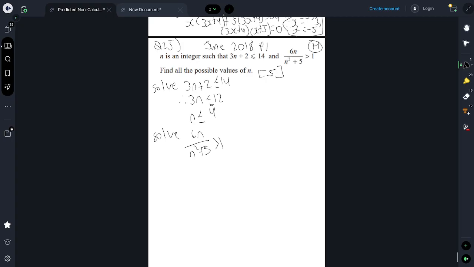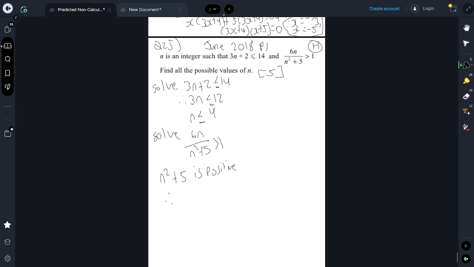So what we need to do is essentially check that n squared plus 5 is positive or negative. But actually, look, n squared has to be positive, because it's a square number. It has to be at least 0. But then we add in 5. If we add a positive to another positive number, the denominator is positive.